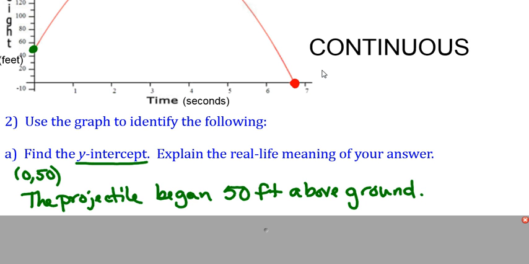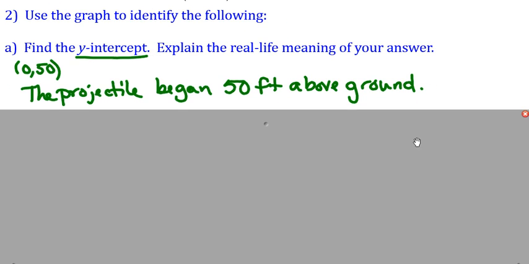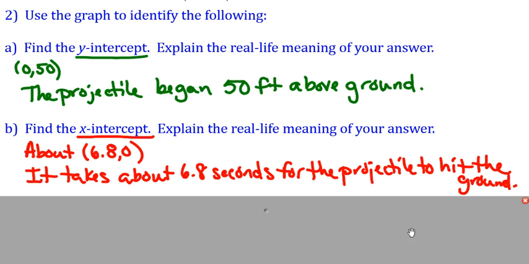We're going to have to estimate its value because it's not at a grid point. And so we have to think about, what does that mean based on the situation? Well, this is a projectile. So we could say at about 6.8 seconds, the projectile hit the ground. So we could have our coordinate for that intercept and its meaning.